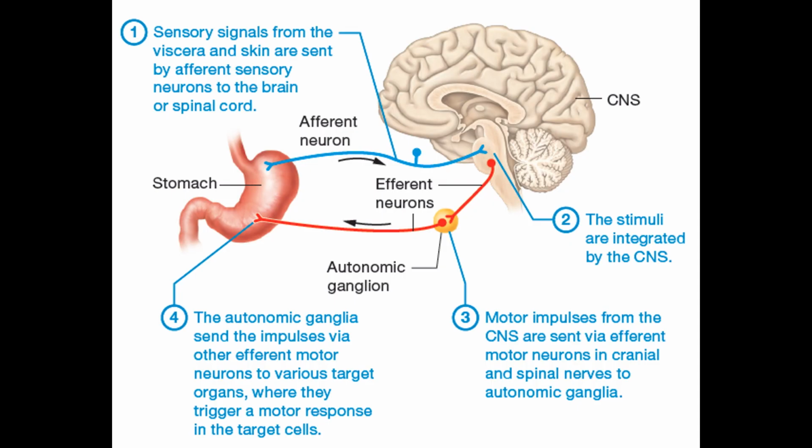Here we have a great example. Let's say this is the stomach, and it notices that it's empty, so it begins to send that signal out through afferent sensory neurons, right? That signal is going to travel to the brainstem, and it's going to be integrated here by the CNS.